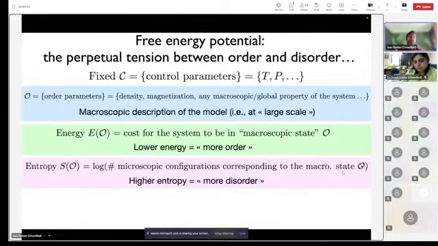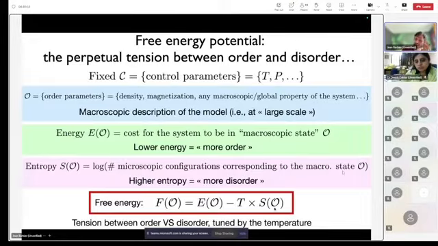If you are counting them, there are exponentially many, and the log of this is the entropy. So the higher the entropy, usually the more disordered is the system. And the free energy is the difference between energy and entropy, where the entropy is multiplied by the temperature. This is essentially a definition of the temperature.